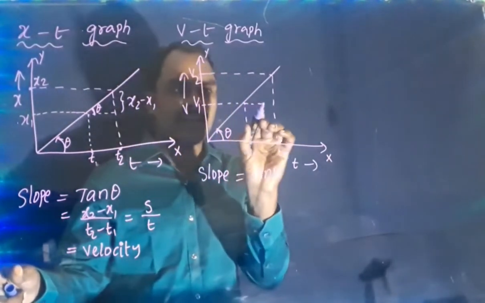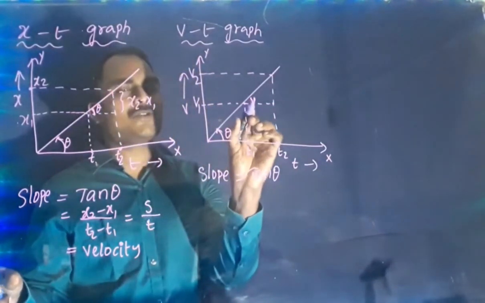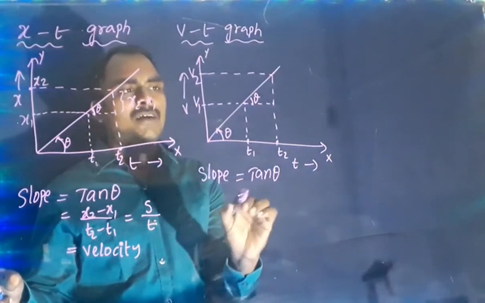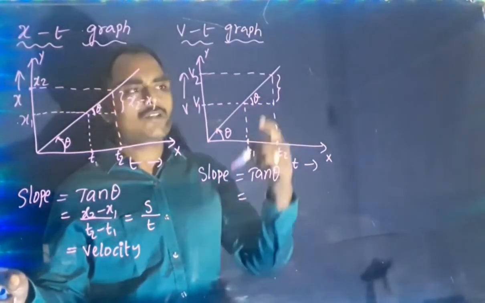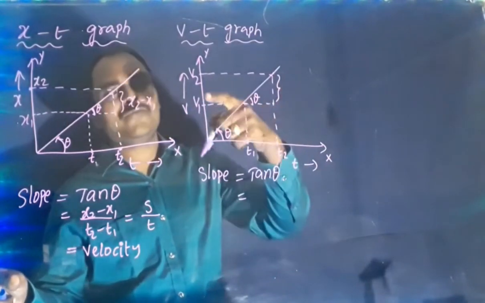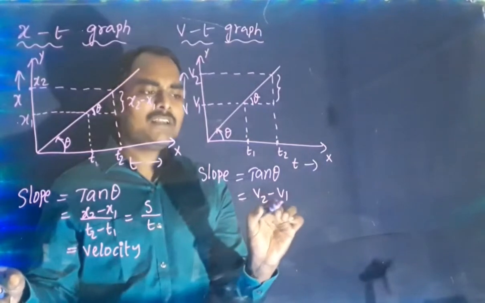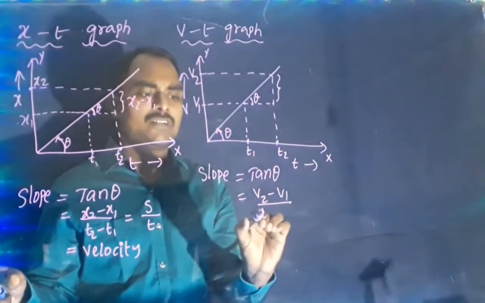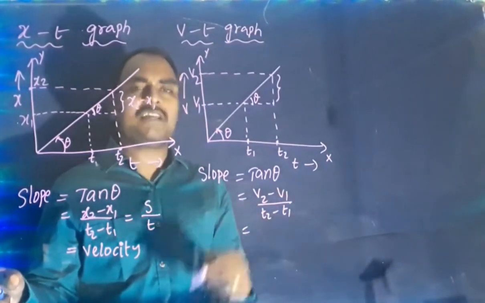Again here a right angle triangle is formed. If this angle is theta, this angle is also theta. Then slope tan theta can be written as opposite side upon adjacent side. This opposite side is v2 minus v1, divided by the base t2 minus t1.